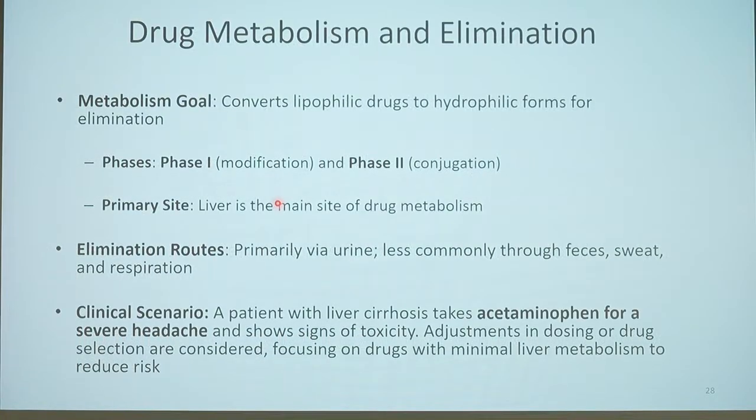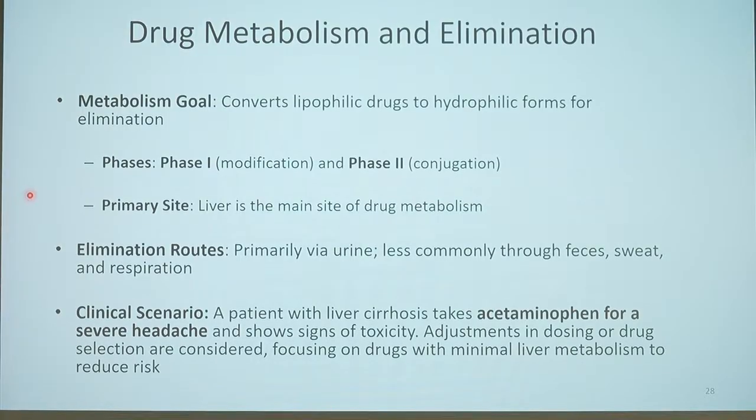For metabolism and elimination, we've already talked about some of the enzymes that metabolize the drugs. And so, of course, these enzymes are primarily found in the liver. If there's liver dysfunction, of course, that's going to affect blood flow, that's going to affect the enzyme activity. So you need to know that type of information in your patient in order to adjust the dose accordingly.